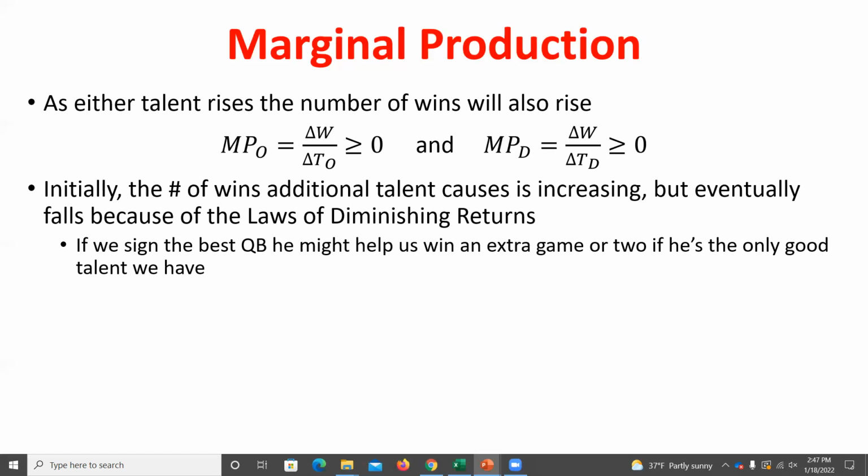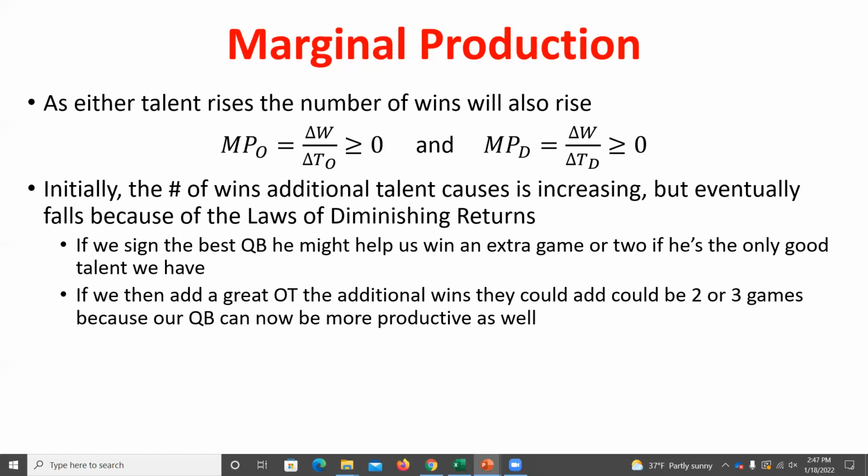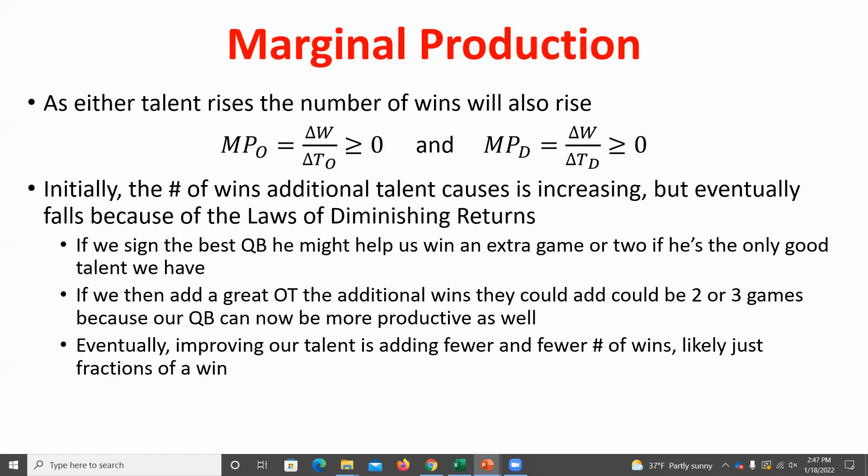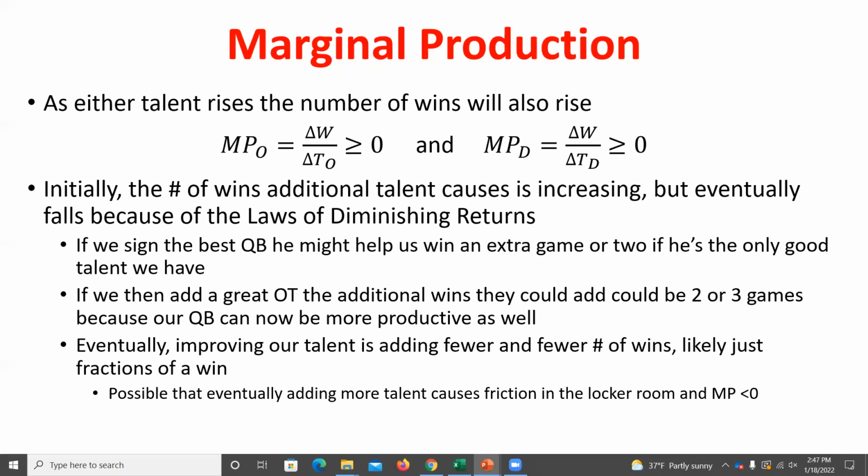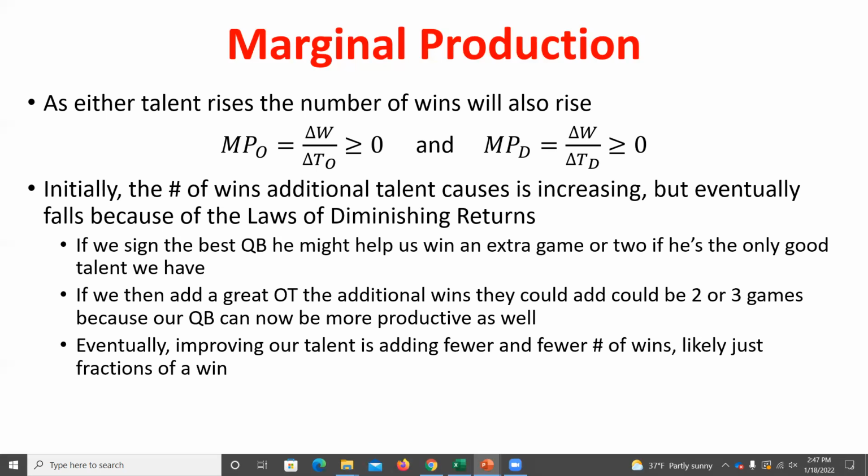I already kind of went through this. We add offensive linemen. Here, we're thinking about adding things like backups. When I say the number of wins, it doesn't have to be an integer value. It could be that they're adding a fraction of a win.